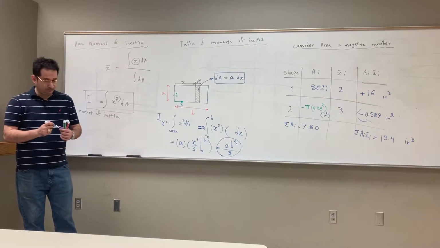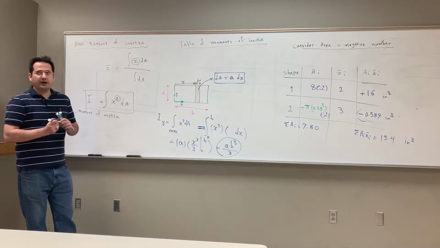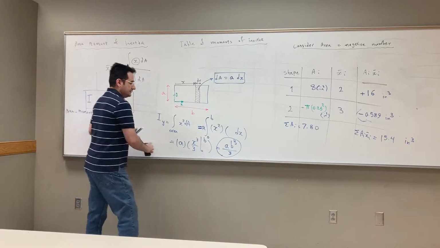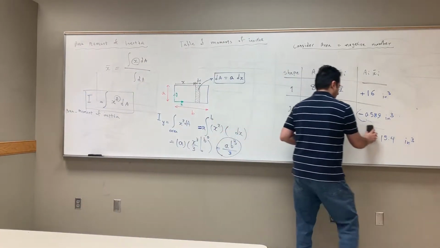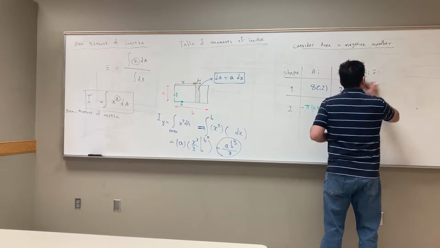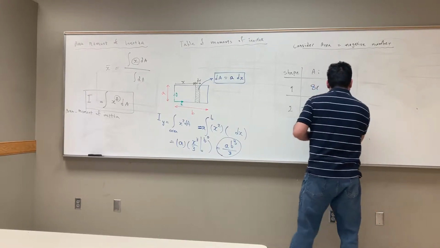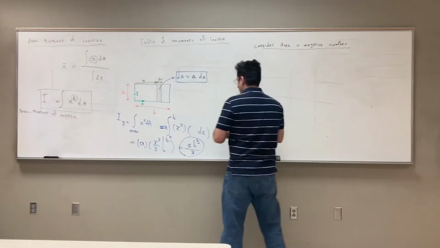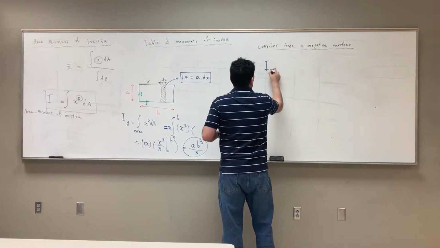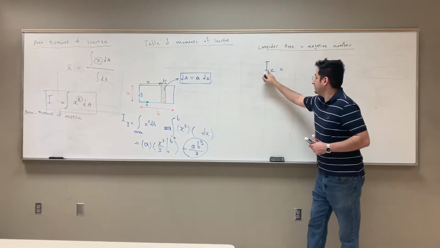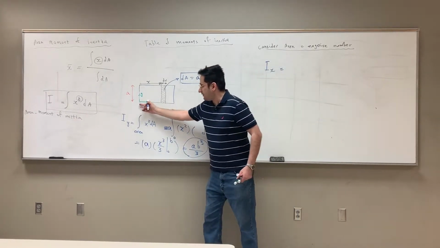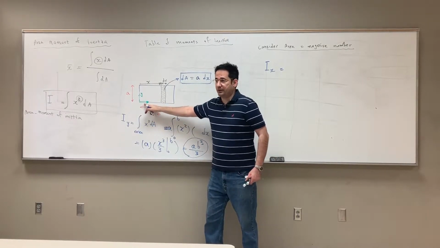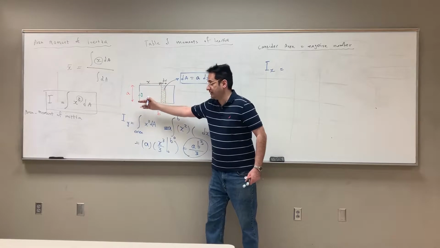You see that? Now, if I ask you, okay, this is Iy, find Ix. Again, we have a formula. Ix means moment of inertia with respect to the x-axis. This x-axis here. Always look at the coordinate system, whether it's here or here, whatever it is.